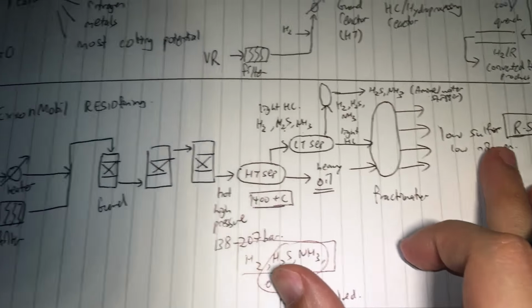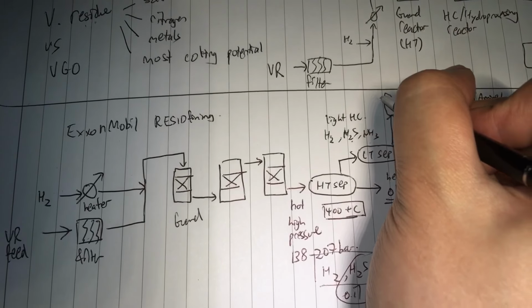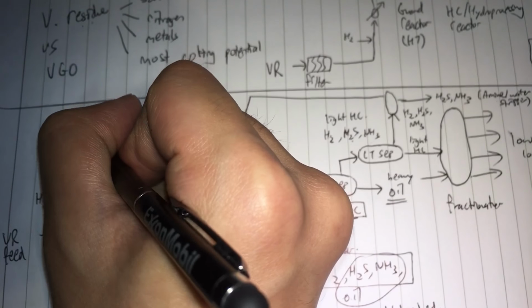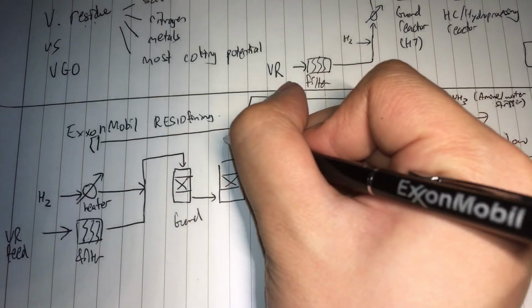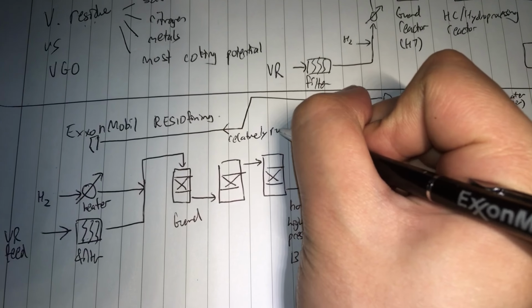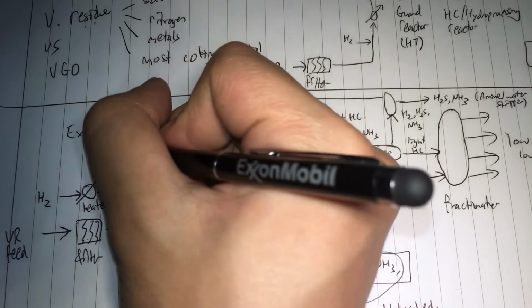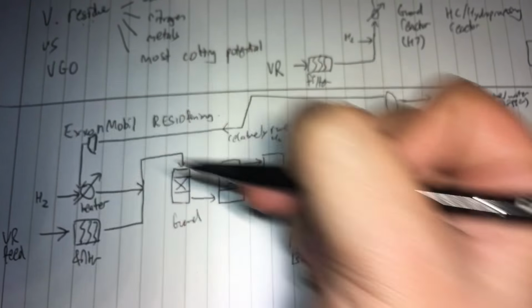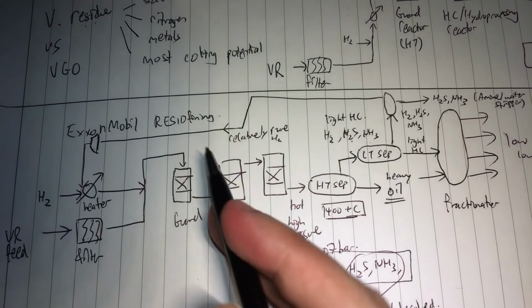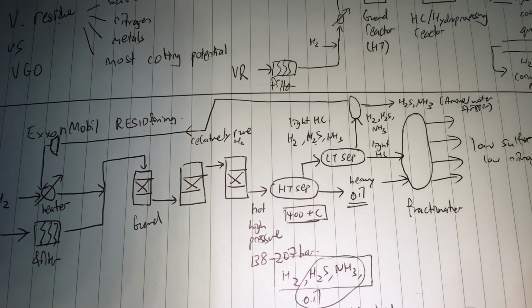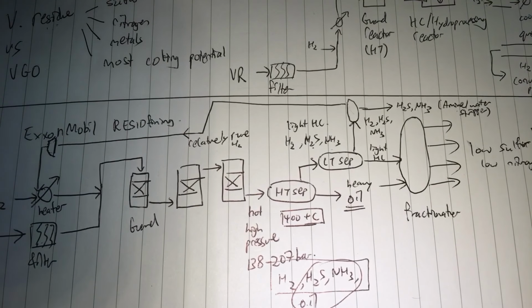So this is the amine water stripper, and this will then be recycled with a compressor, because this will be relatively pure hydrogen. Put it through the compressor and send it back to the beginning. So that will be the hydrogen recycle.